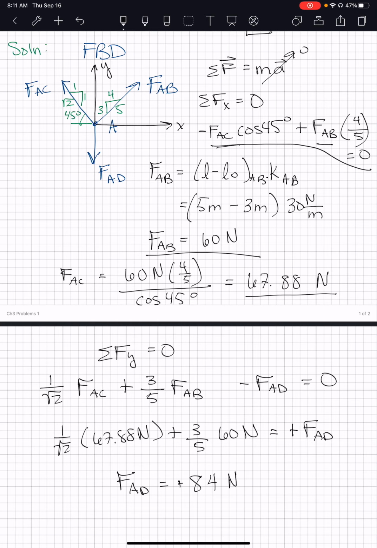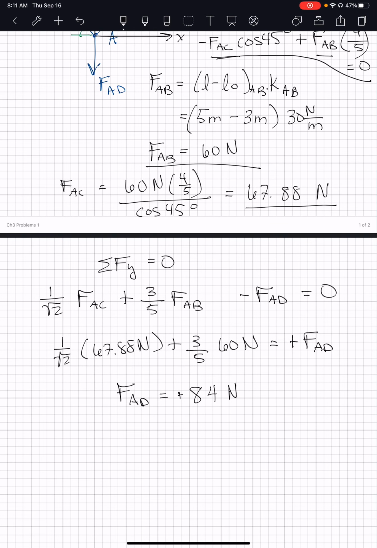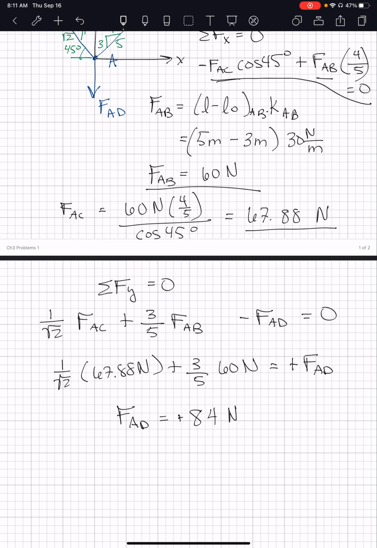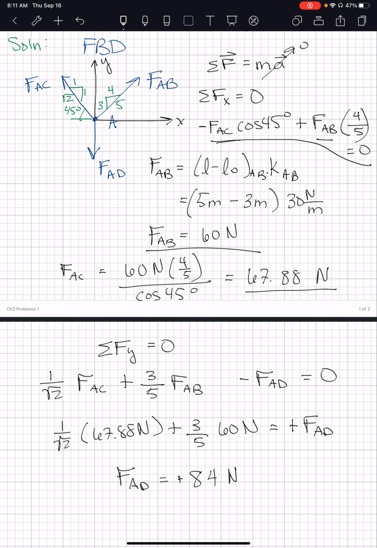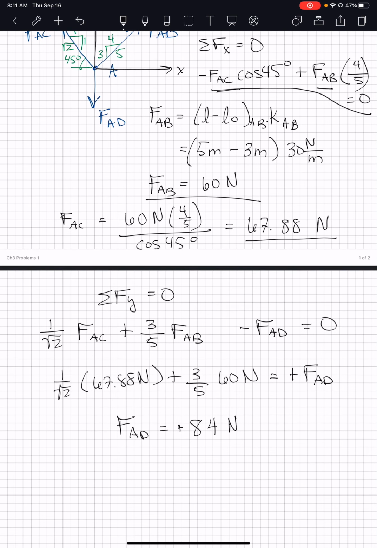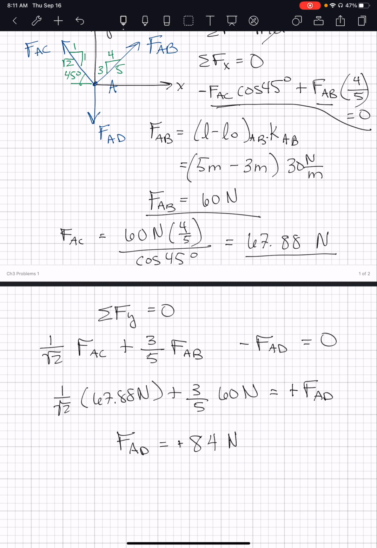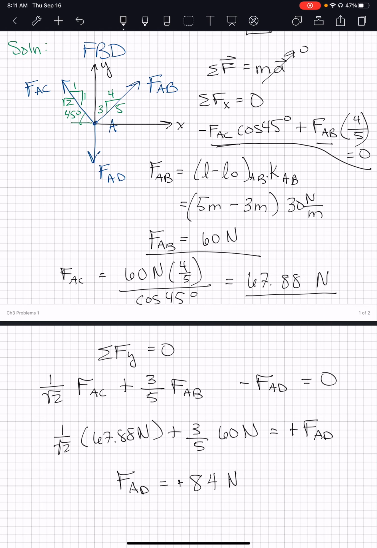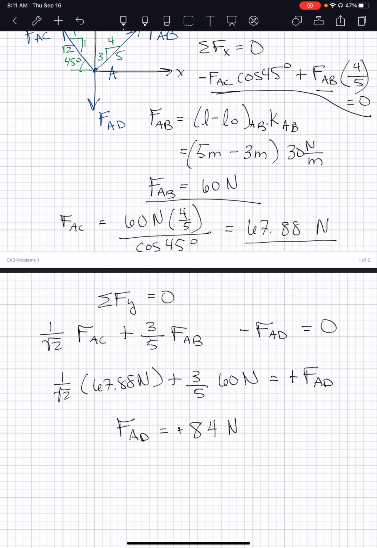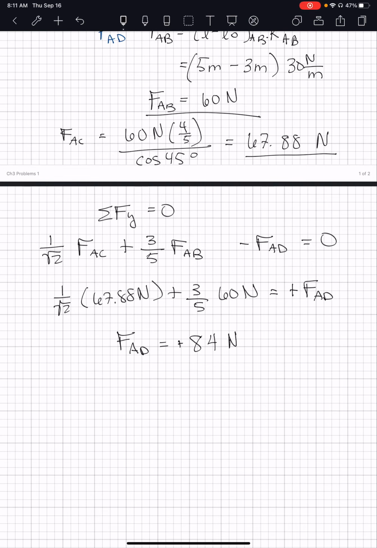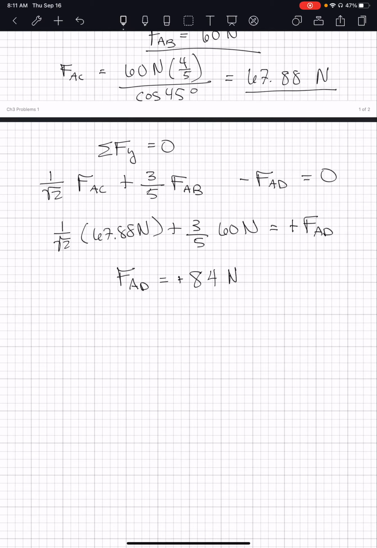FAD equals positive 84 newtons because we have FAD pointed down. The reason I knew I made a mistake is that FAD couldn't possibly point up because it has the weight pulling it down. If you have a negative sign, that indicates you've drawn the arrow in the wrong direction in your free body diagram. But we know it can't be going up unless it was a helium balloon or something. So I figured I had made a mistake.